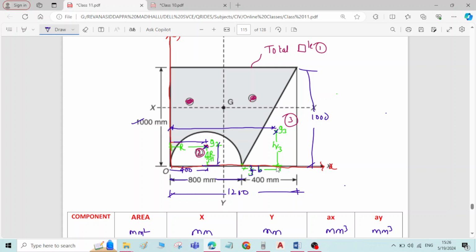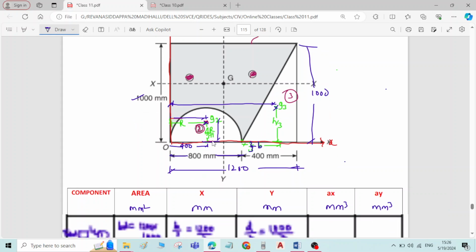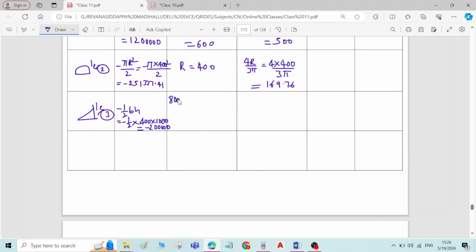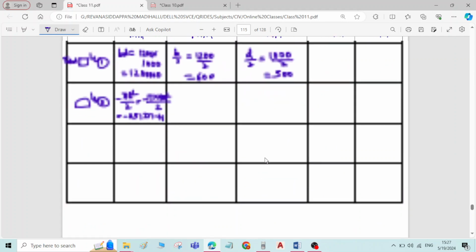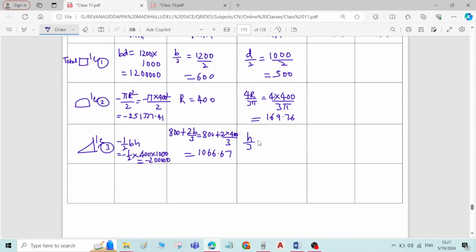So here 800 plus 2 into 400 by 3, which gives 1066.67. Then the y value for the right angle triangle, the distance of G3 from the reference x axis, is directly h by 3. H is 1000 by 3, which is 333.33.